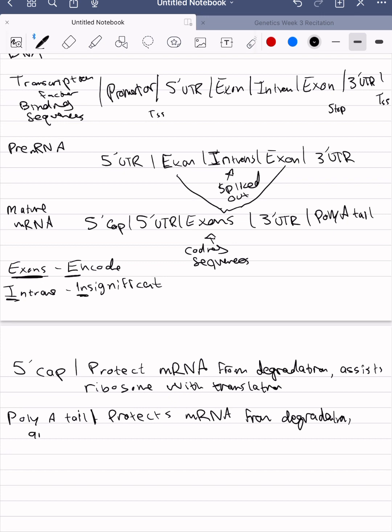It also aids in transcription termination and mRNA stability.